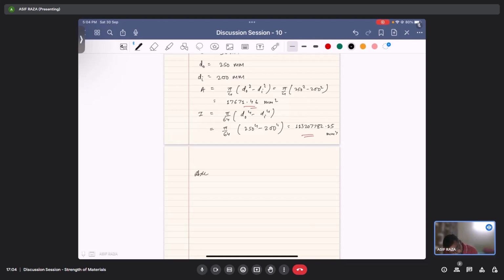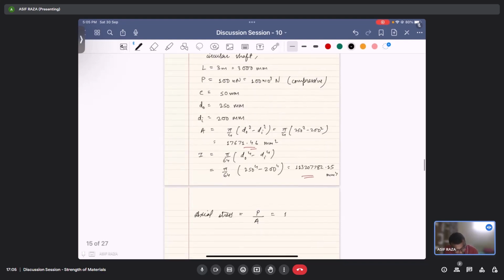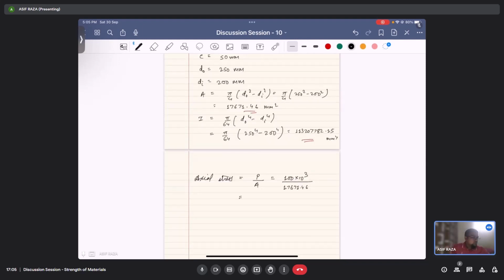The axial stress is equal to P upon A, and that is 100 into 10 power 3 upon 17671.46.